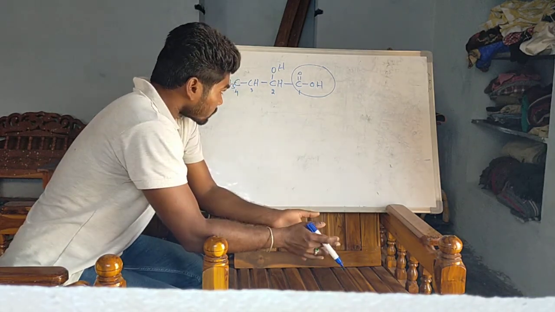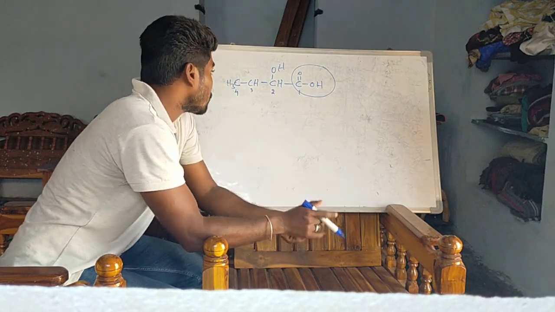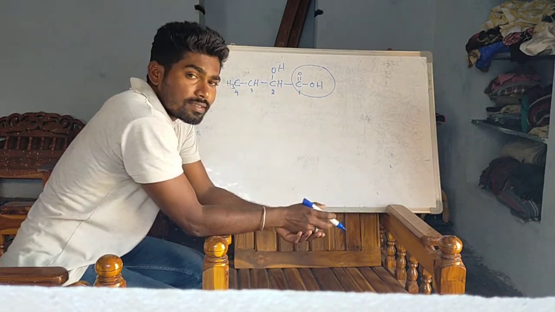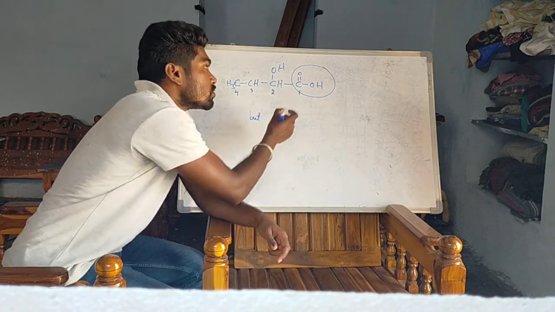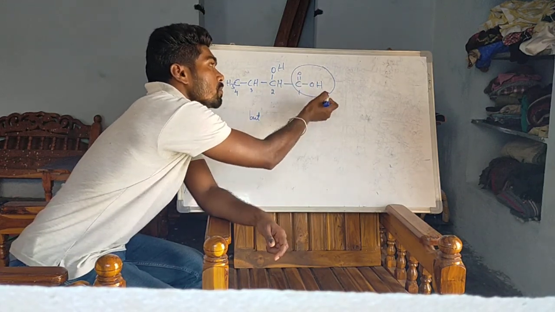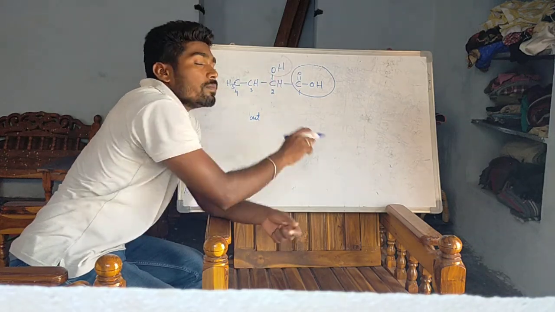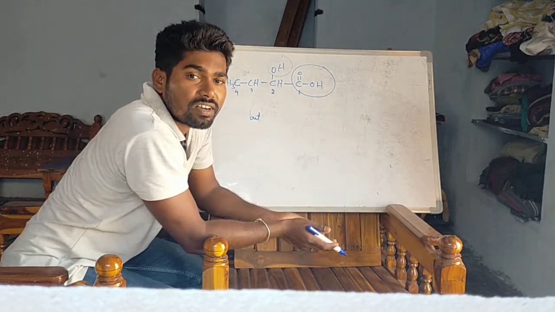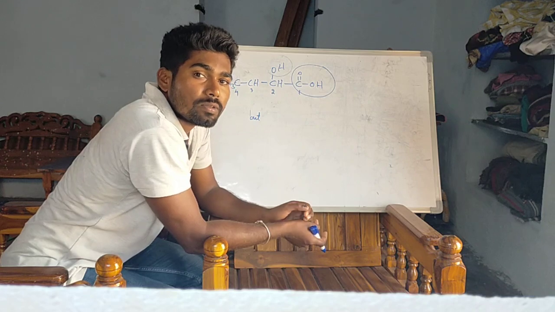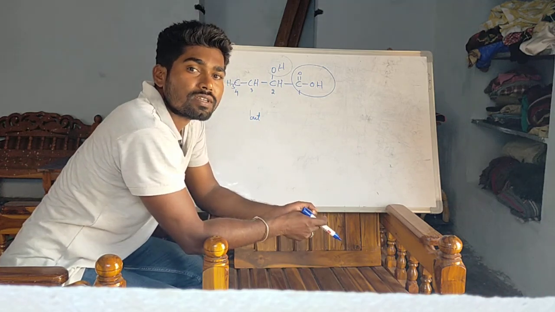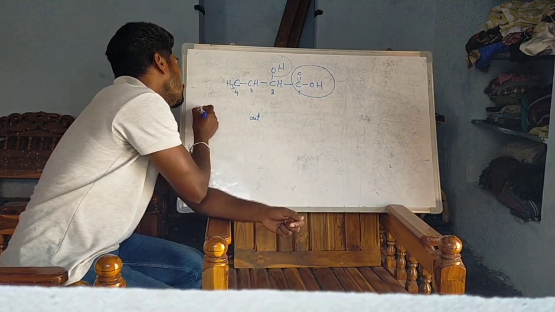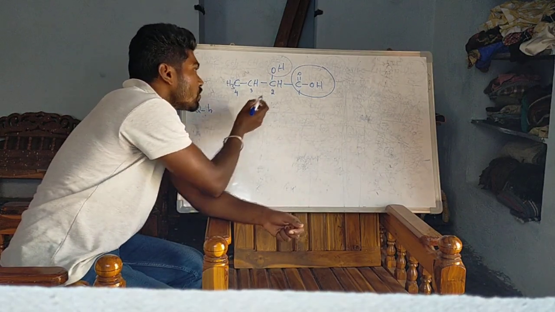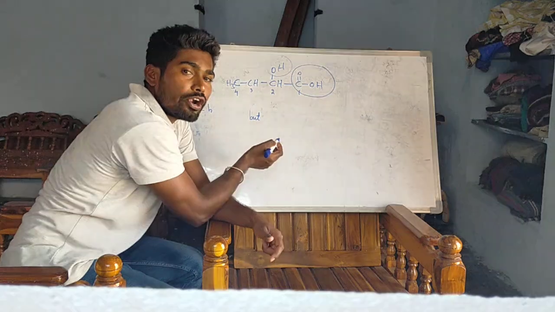Now the name of this compound will become butane something. When this is the principal functional group, the other functional group will become a substituent, which means it will become a branch. The branches or substituents should be mentioned as prefixes. It is present on the second carbon, so you have to mention it as a prefix. The prefix for alcohol group is hydroxy.